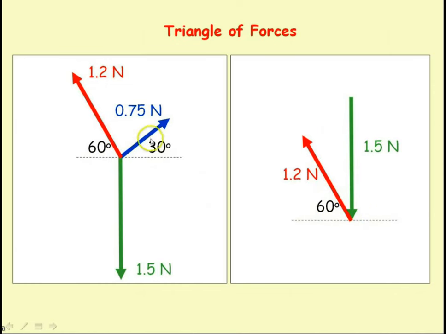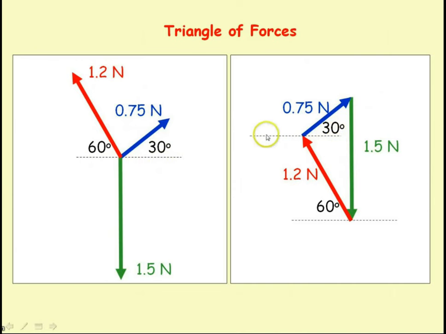Finally, we're going to add the blue force, our 0.75 newtons, acting 30 degrees from the horizontal. So where our 1.2 newton force has ended, we need to draw a horizontal line. And then from there, we can add on our blue force of 0.75 newtons, at an angle of 30 degrees relative to the horizontal.